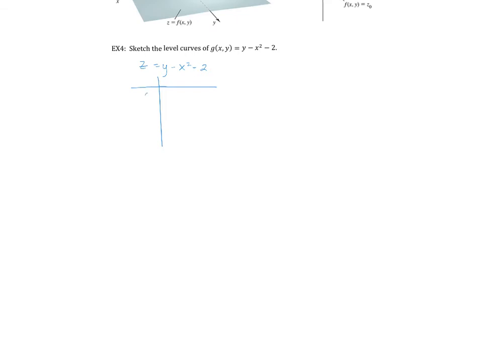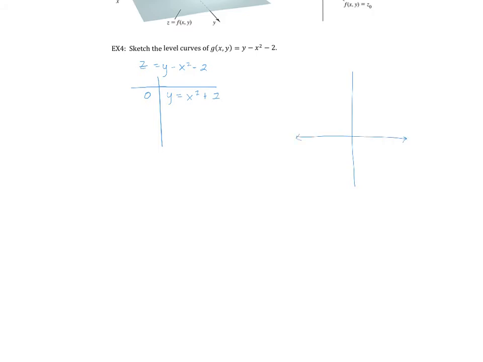So let's say that our z value is 0. If z is 0 in my equation, this becomes 0 equal to y minus x squared minus 2. Rearranging, I get y equal to x squared plus 2. And I know what that is.